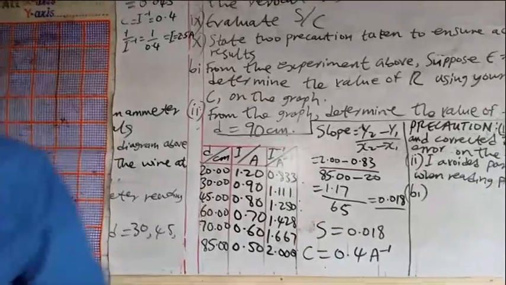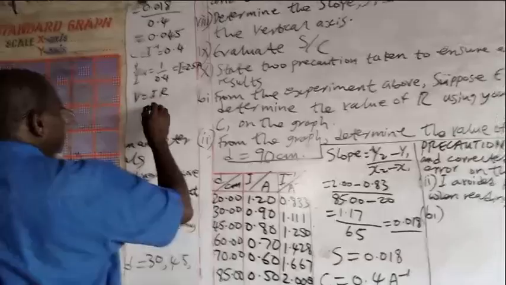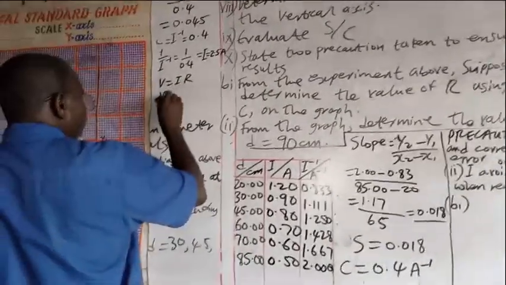After that, we now use the formula V is equal to IR. V is equal to 2 volts.